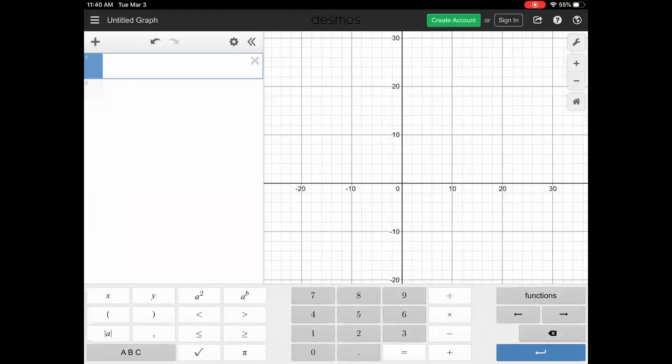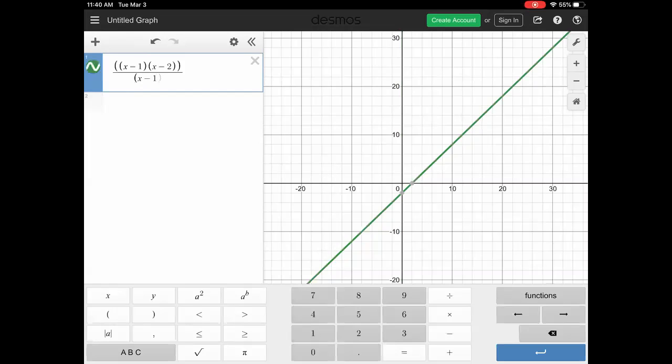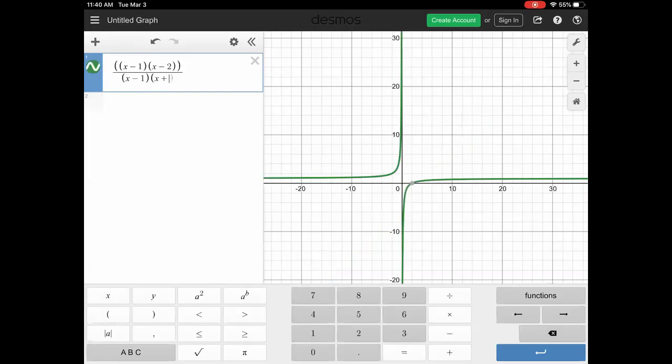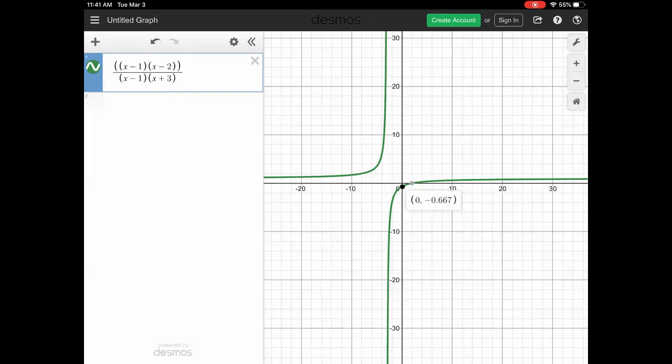Let's graph it out and see what happens here. x minus 1 times x minus 2, divided by x minus 1, oops, times x plus 3, I think I did. Oh, I just drew it wonky.